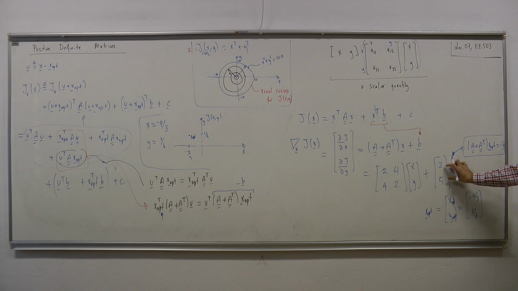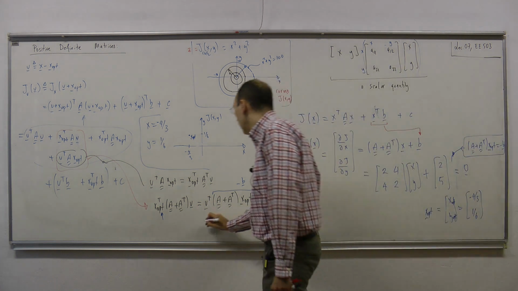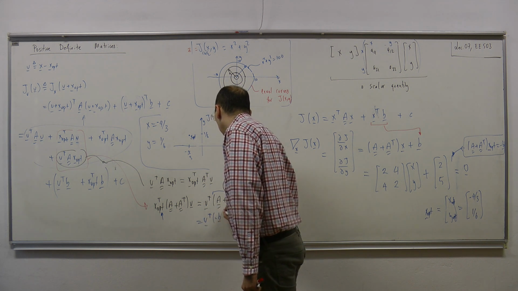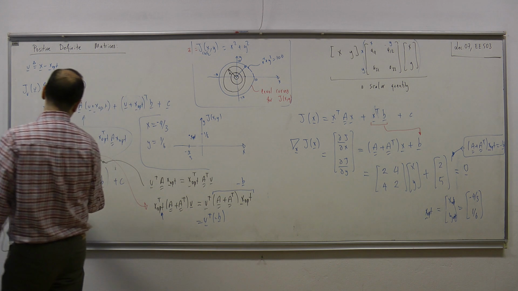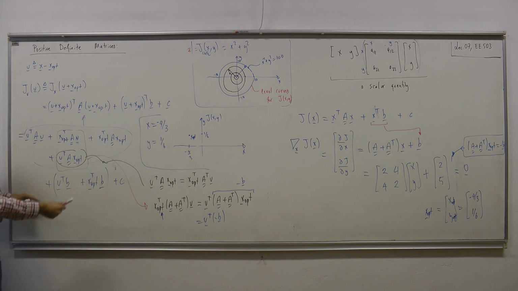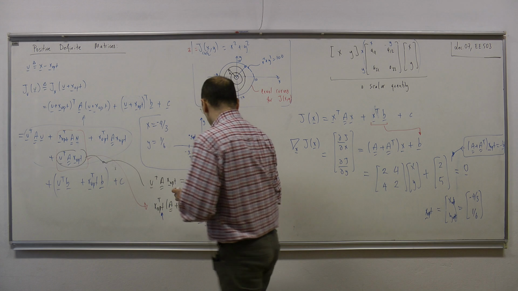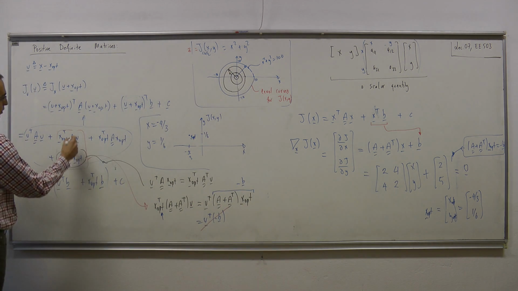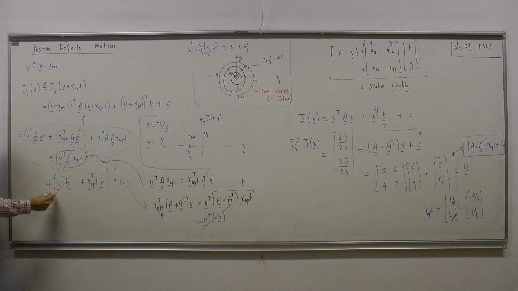And this point satisfies this equation. And I have this minus B over here. So this is also equal to U transpose minus B. And that's my comment actually. So I have cancellation of these two terms with this.